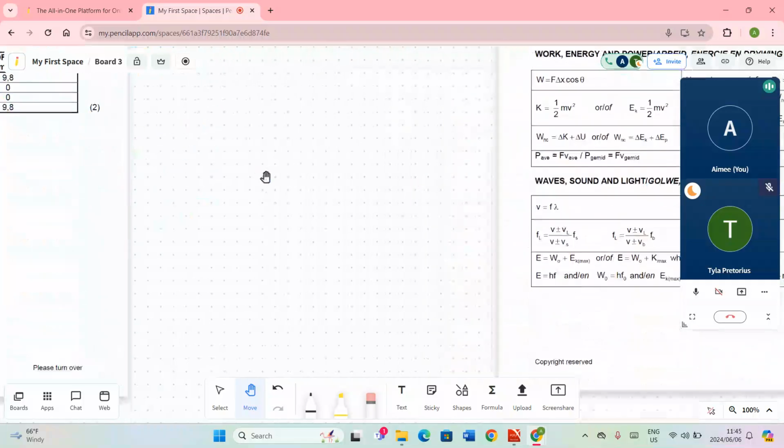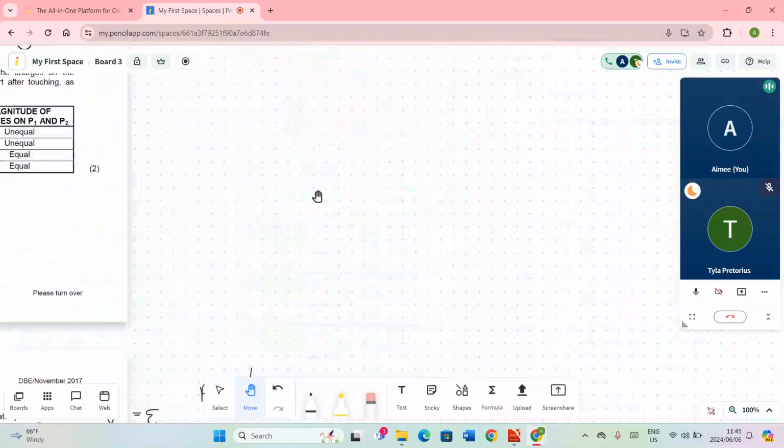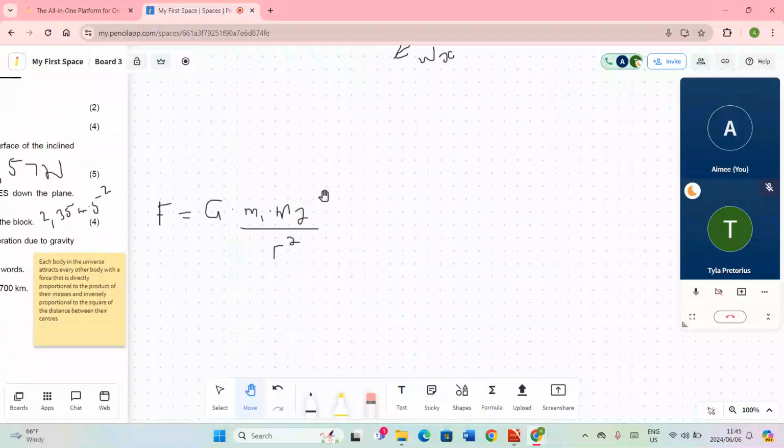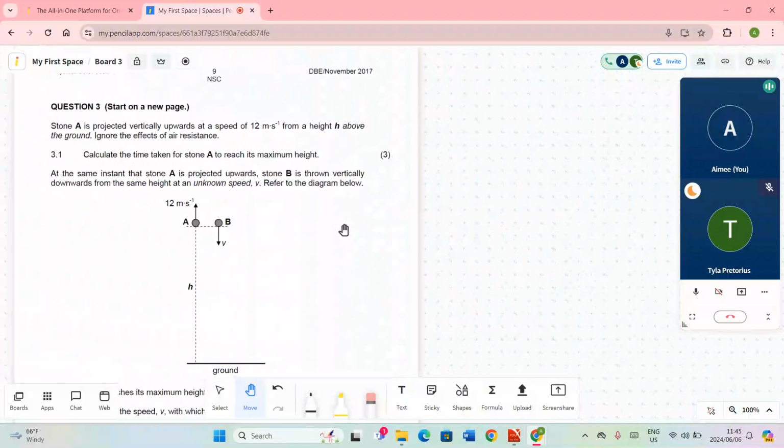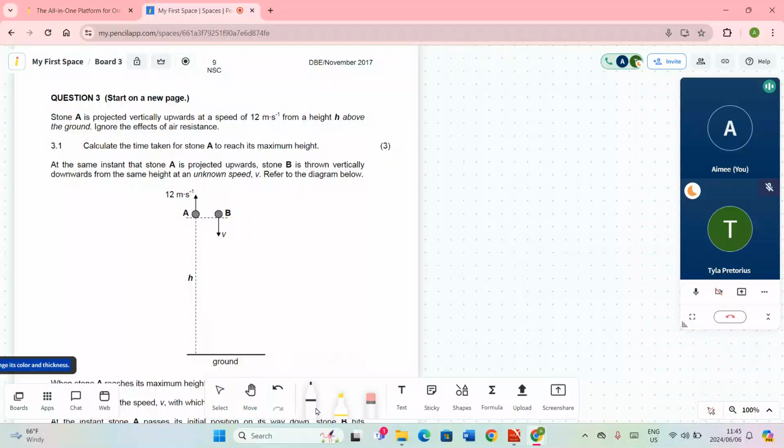But let's first go down and see what information they've given us, because it's always easier to decide which formula to use when you know what you have to substitute into those formulas. Stone A is projected vertically upwards at 12 meters per second, so VI, the initial velocity, is 12 meters per second.